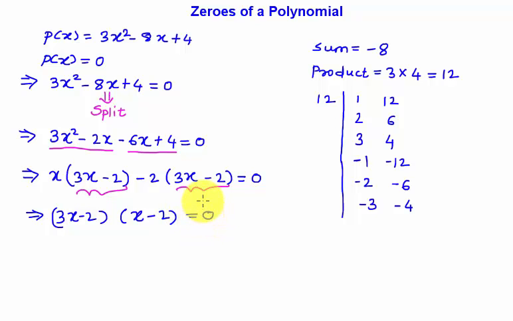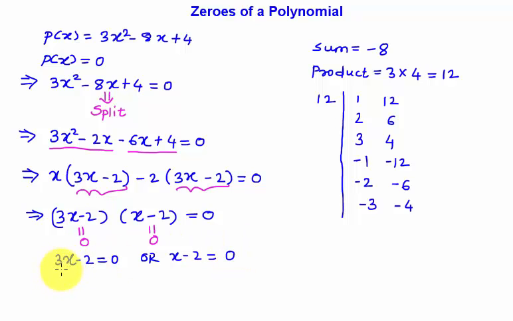So either out of these two terms, either 3x minus 2 must be 0 or x minus 2 must be 0, so that this equation will have value 0. So we can write, either 3x minus 2 must be 0 or x minus 2 must be 0.